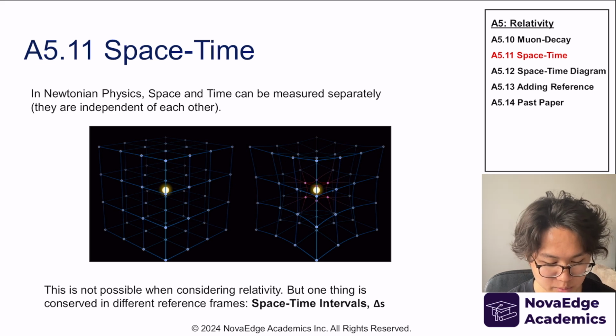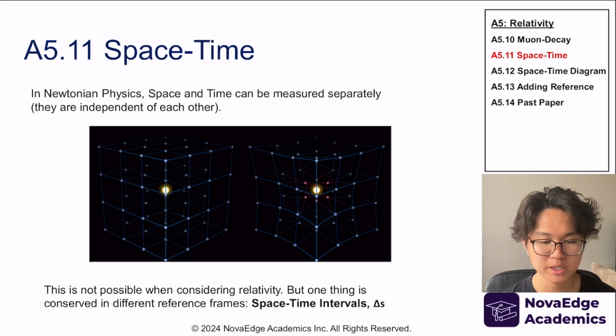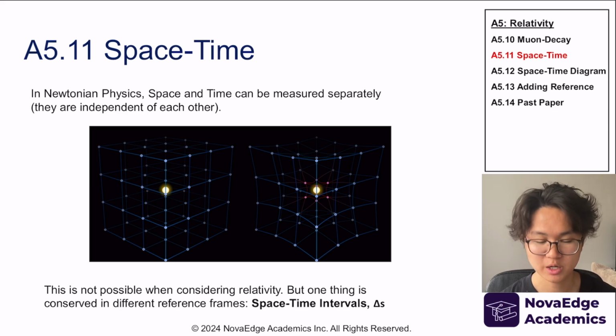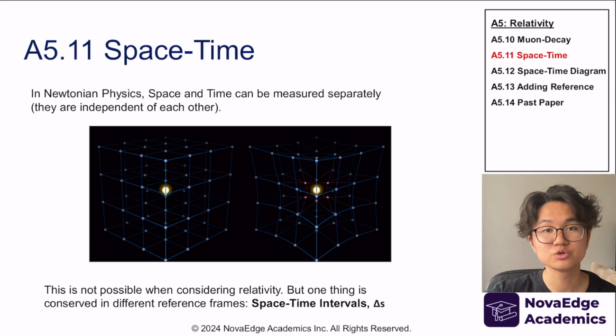But here's one thing that we're going to see, which is that there's something called space-time intervals, which are conserved. I say conserved because this is how we find consistency between two different perspectives, two different reference points. For example, maybe I find the interval between two events from my side to be 5 meters apart and 5 seconds apart.